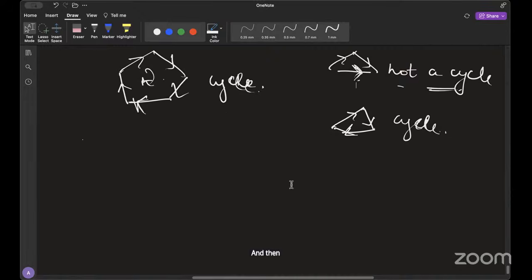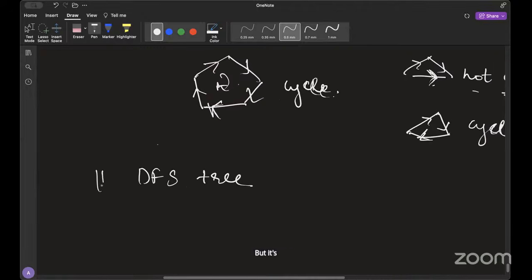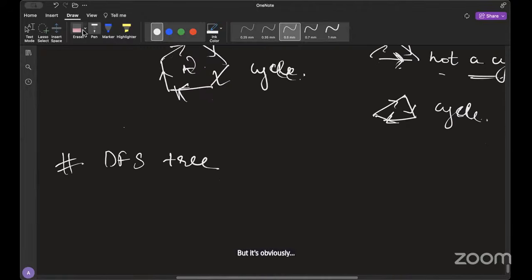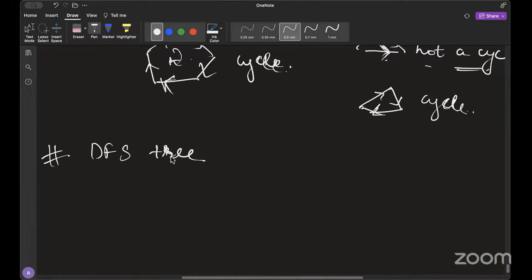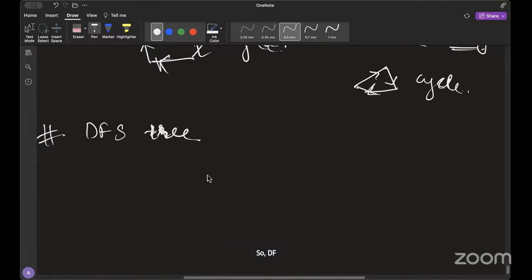And then we have the DFS tree. It's the same as the BFS one, but it's made using a different technique. So a DFS tree is basically for you to make a DFS tree.